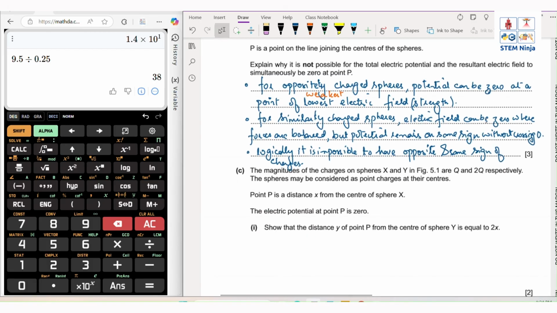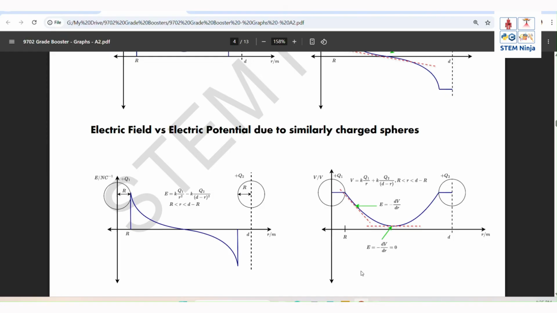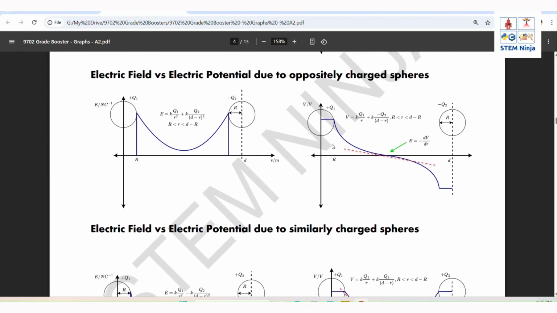All right, the magnitudes of the charges in spheres X and Y in figure 5.1 are Q and 2Q. The spheres may be considered as point charges at their center. So this means that we can use Coulomb's law, the electric field strength formula, the potential formula, etc. Point P is at a distance x from the center of sphere X. Electric potential at point P is zero. So when electric potential is zero, that means it's oppositely charged spheres, right?